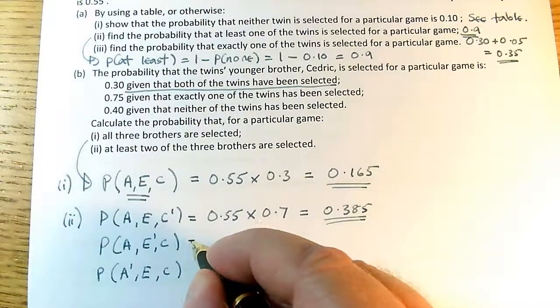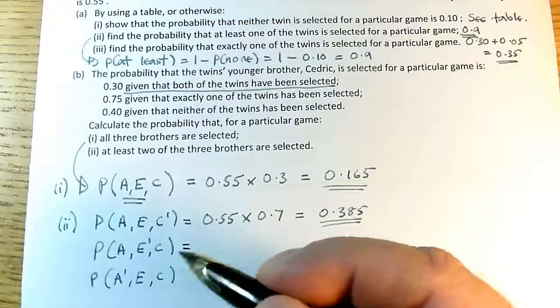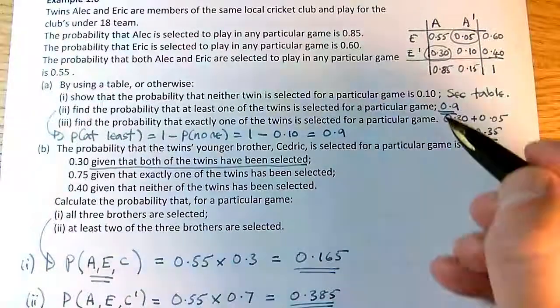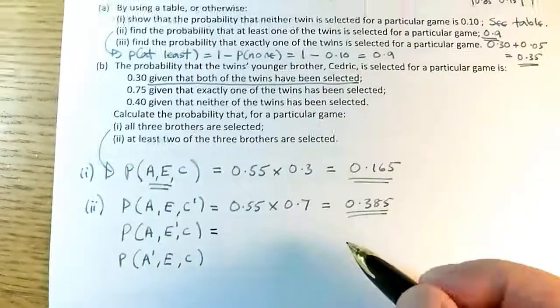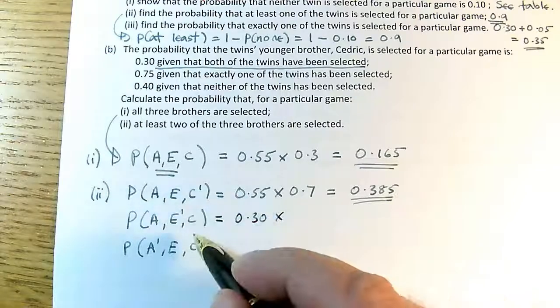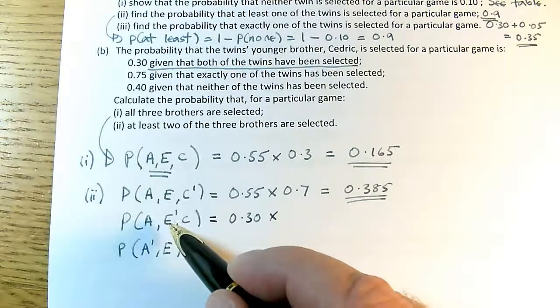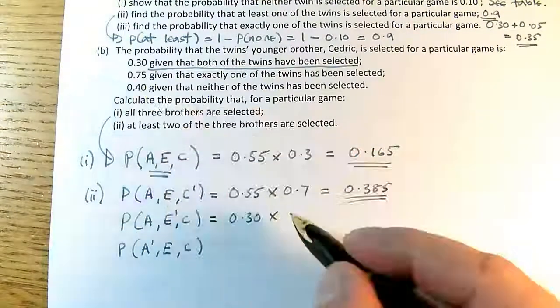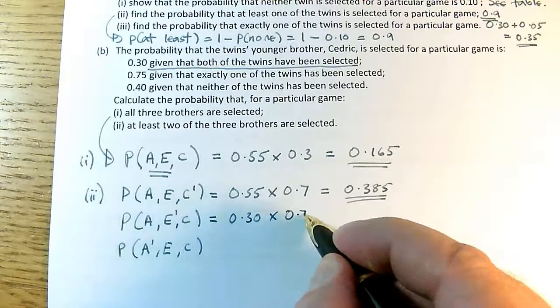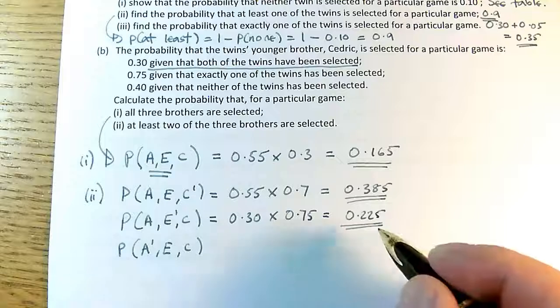And then for this one, I want that Alec plays, Eric doesn't. Well, I've done that in the table. Alec plays, but not Eric is 0.3. So I need to do 0.30 times, and now I need Cedric to play, given that exactly one of the twins has been selected. So that's 0.75. So that's a probability of 0.225.